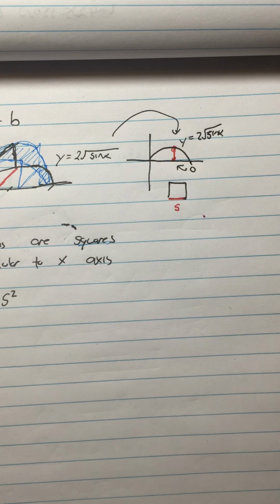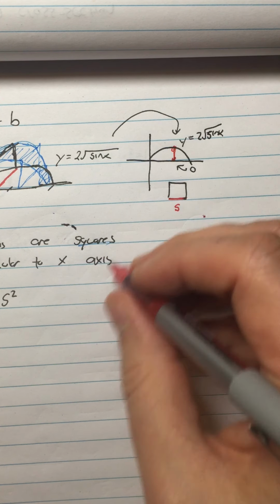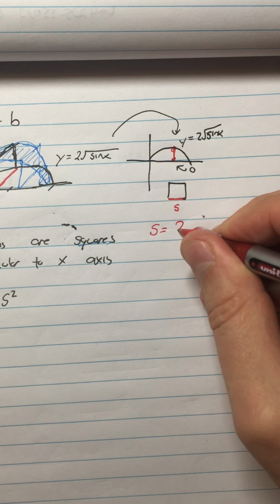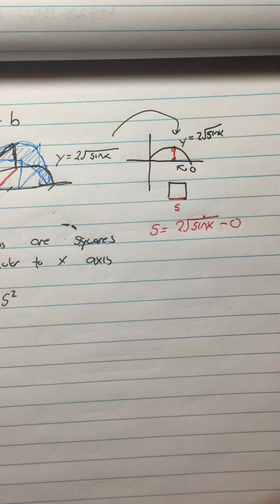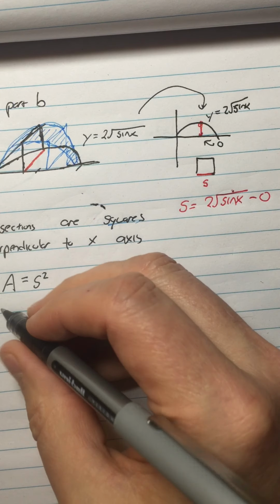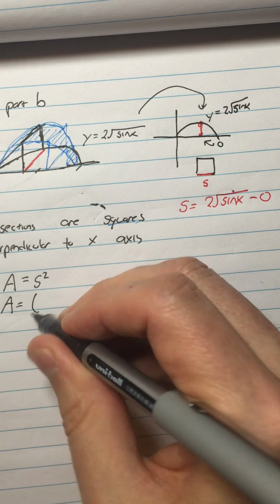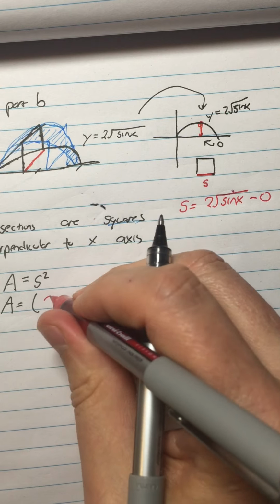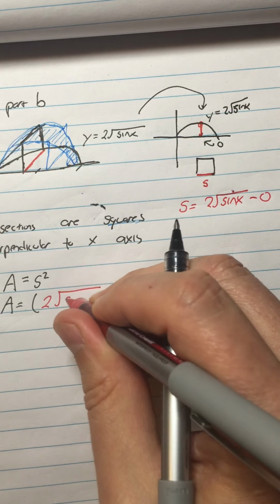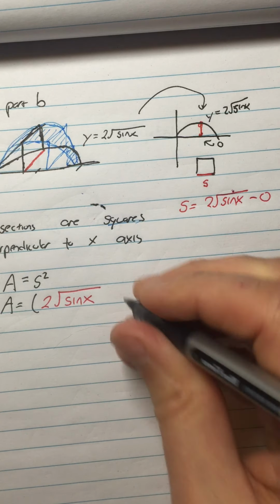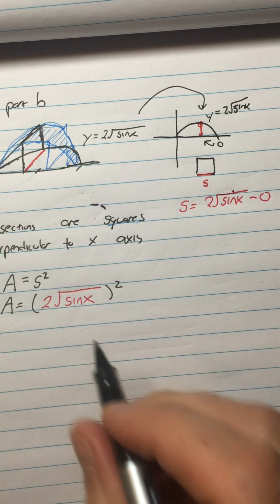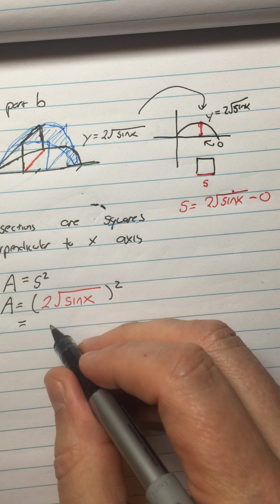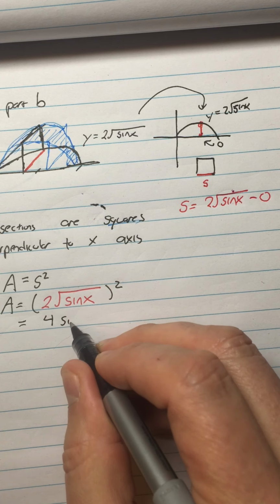That means s equals 2 square root sine x minus 0, and you don't have to write the minus 0, of course. So the area is 2 square root sine x, squared. Now I've got the area in terms of x, and that's what I need. I should try to simplify it. That is equal to 4 sine x.